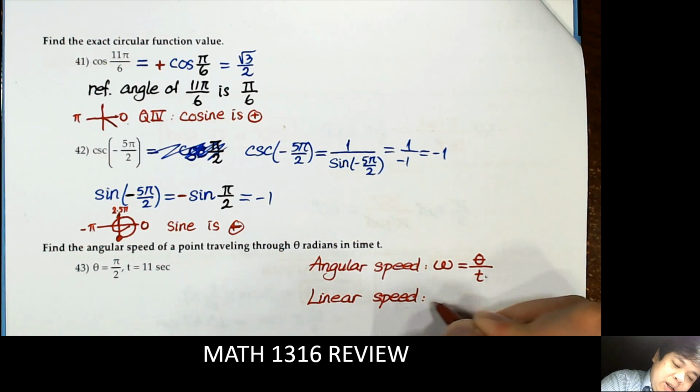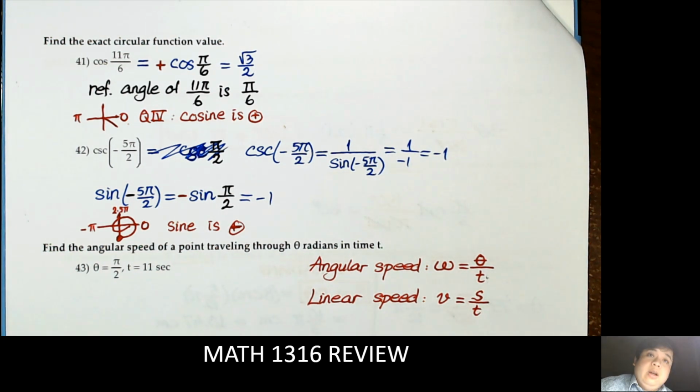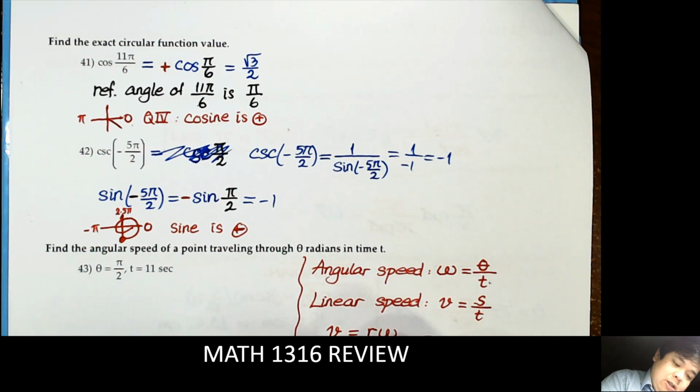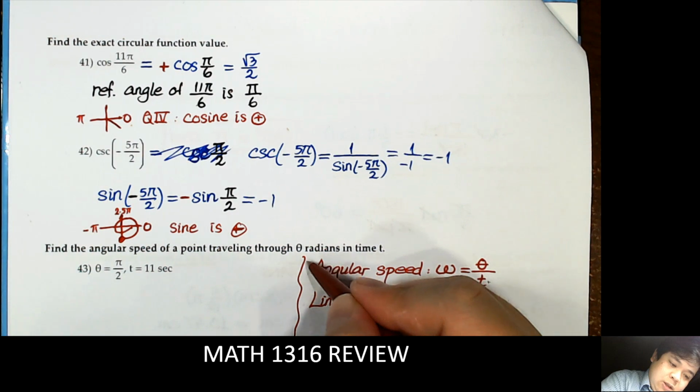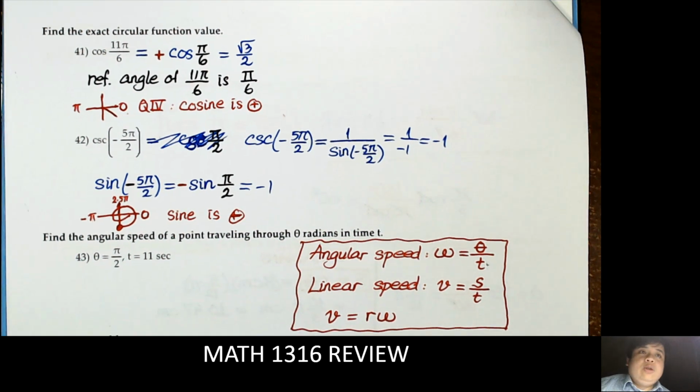I mean velocity equal to the distance given by the arc length divided by time, and the relation between the two is v, the linear speed, equal to r times the angular speed.